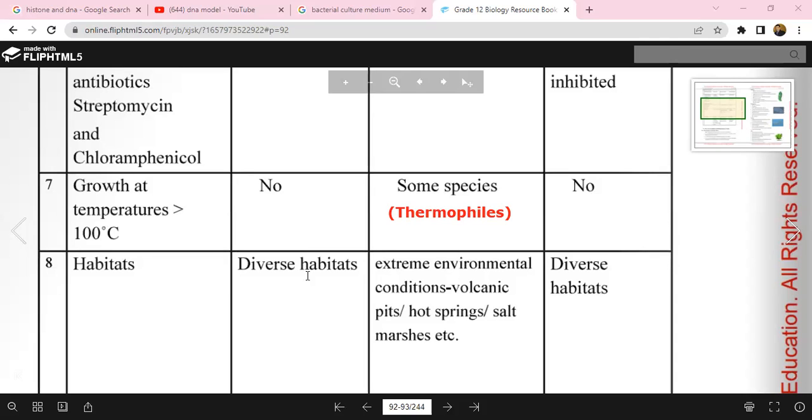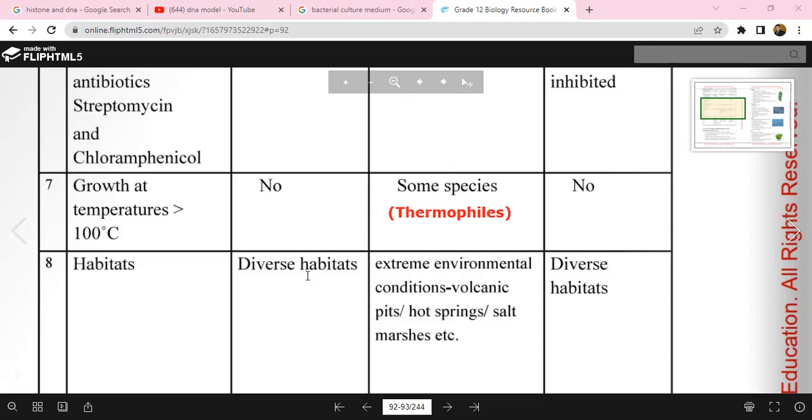They love to live in low pH, acidic environments. Alkaliphiles love to live in basic environments, above pH 9. Anaerobes also come under extremophiles. Understood? Halophiles are there. Like this, cryophiles, osmophiles, radio resistant ones and xerophiles are there. Like that, many extremophiles are there.